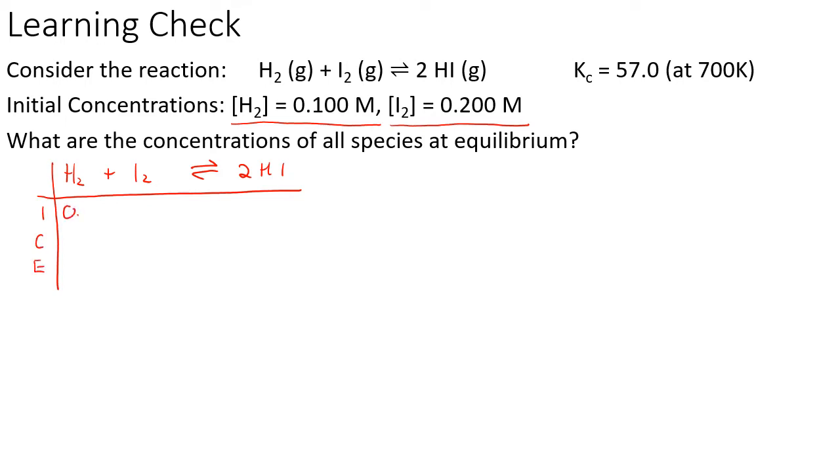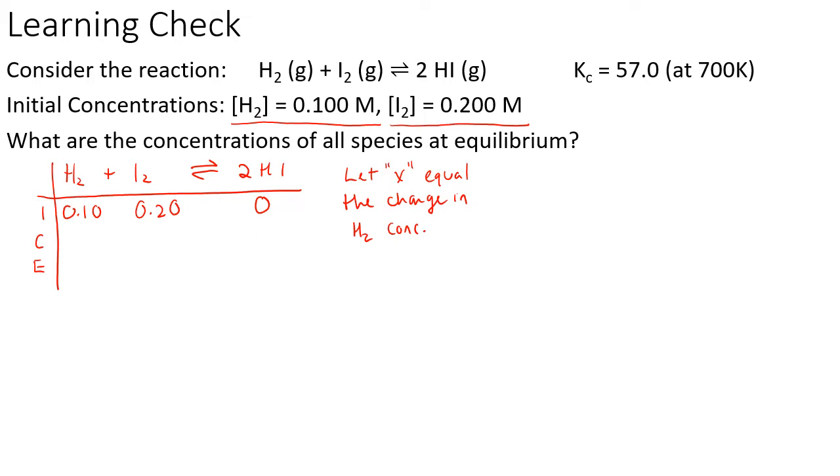Initially, H2 is 0.1 molar. I2 is 0.2 molar, and there's no product initially, so we can plug in 0 for HI. We can say let X equal the change in the hydrogen concentration, which is also the same as the change in the iodine concentration.